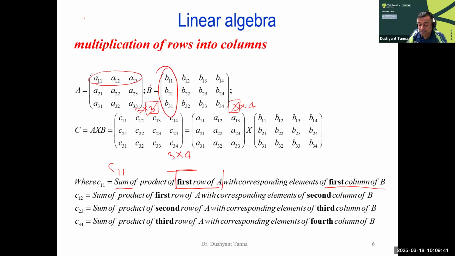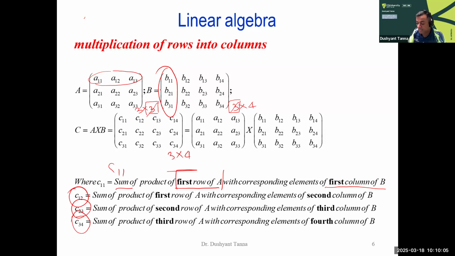Okay, when I talk about C12, it is the sum of the product of the first row of A. Again, since I'm talking about 1, 2, first row, second column. If I say 2, 3, second row, third column. If I say 3, 4, third row, fourth column. So C12 is the first row, second column.